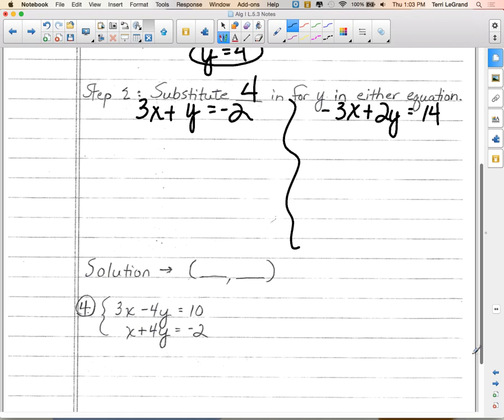What are we solving for? X or for y? So no matter which one you use, we better all get the same answer.